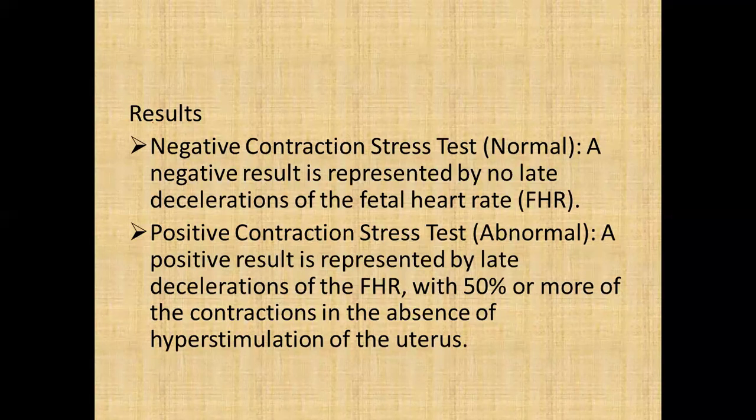Then a positive contraction stress test, which is abnormal and which we don't want, is that during the contractions, after we give the diluted oxytocin, there was a drop in the fetal heart rate alongside the contraction.